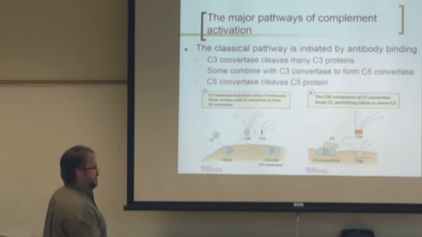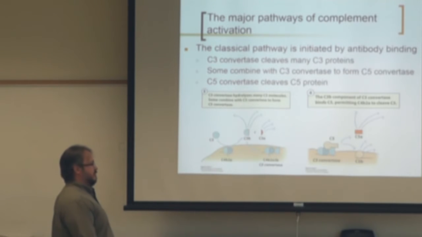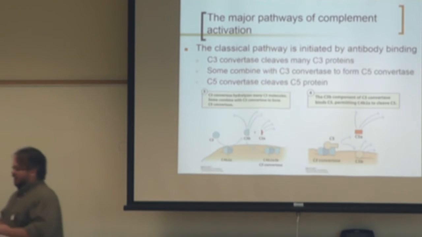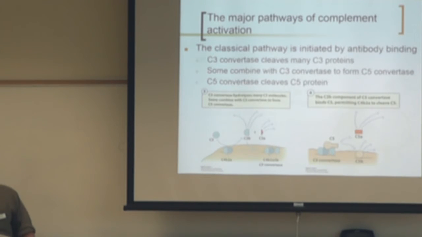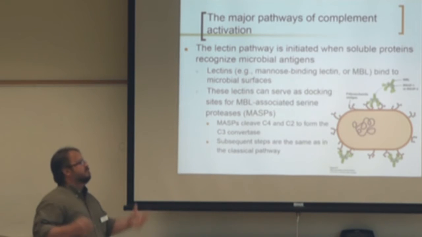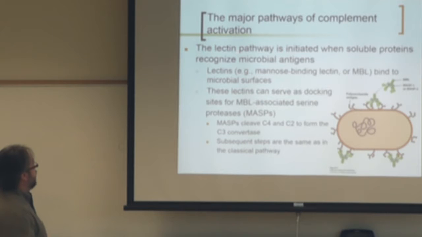C5b sticks the same way to the cell surface, and then it will initiate and bind to C6, C7, C8. So it's really easy now, C9, and form the MAC, which is going to chew up the cells. Right, so that's the classical pathway. It's going to punch holes in it. It's a hole punch.